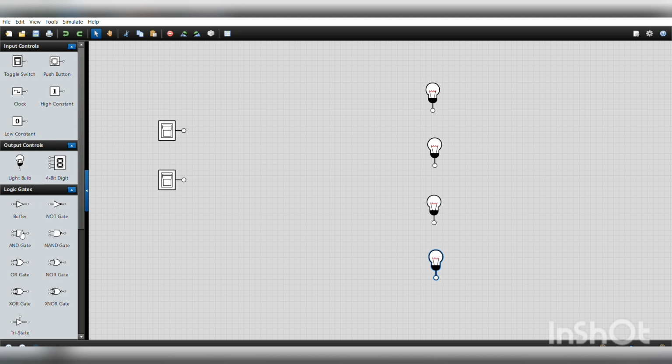As per my logic diagram, 4 of the AND gates are used. So let this be connected. I'm connecting each of my AND gates to the output source to indicate my result.